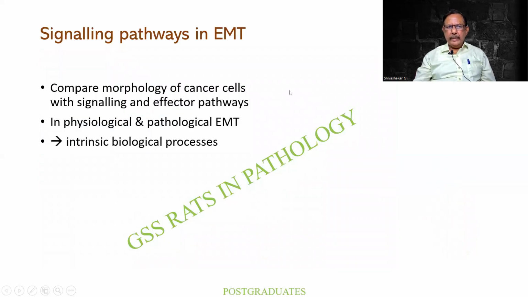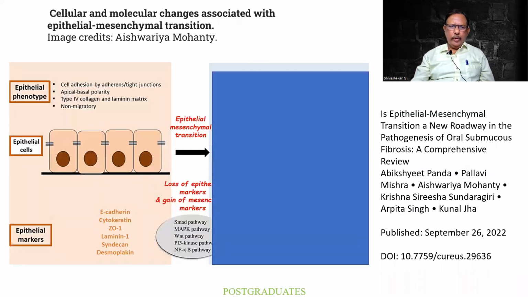There are some signaling pathways. To compare with the morphology of the normal cells, both in physiology and in pathology, there is an intrinsic biological process that is going on. This is again a beautiful diagram. This is the reference over here. It is a beautifully drawn line diagram, and the image credit goes to this particular person.